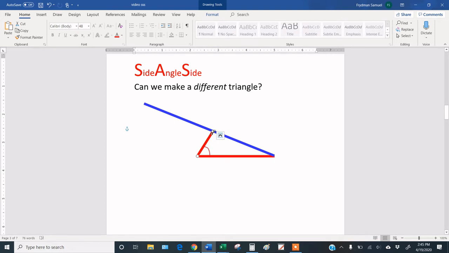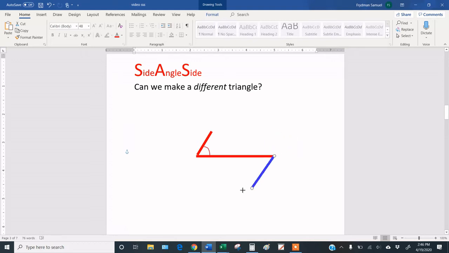Well, then I would have to take this side and again stretch it out like this, but I'm not allowed to do that. And I'm not allowed to do that for two reasons. Number one, this side is red, so I'm not allowed to make it longer. And number two, this angle is red, so I'm not allowed to rotate this side over here because that would be changing this angle. So that's not going to work.